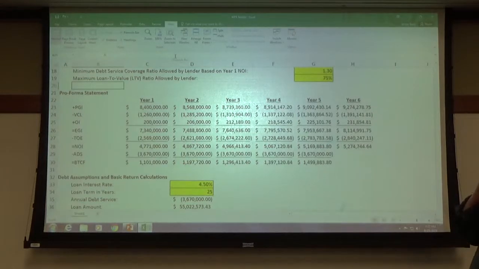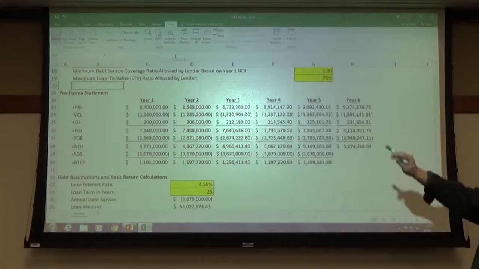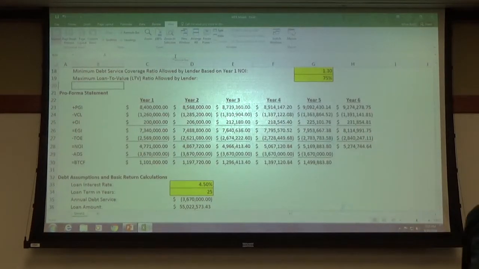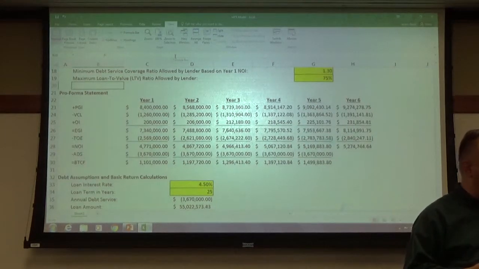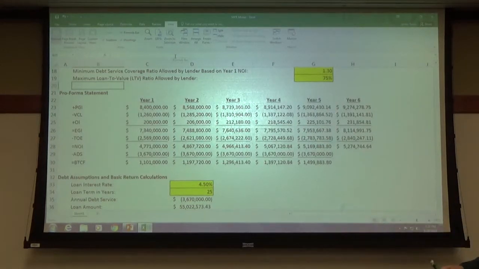Now, let's start with the second one first, the loan to value ratio. We've already done that tonight, haven't we? That was literally the very first thing we did. We said, what is the required down payment or the required equity, and what is the resulting debt that we would be able to have on the property.